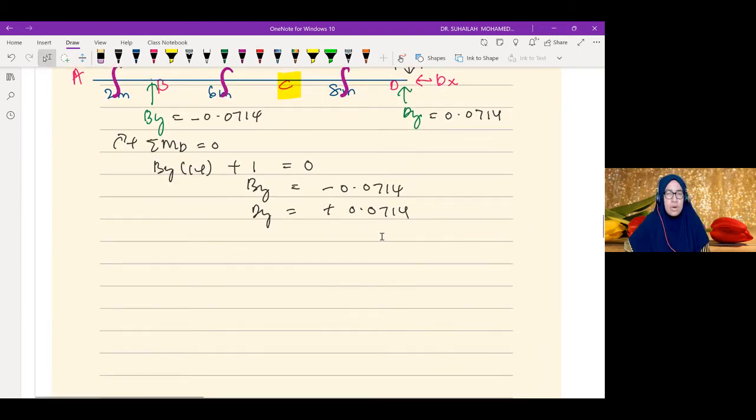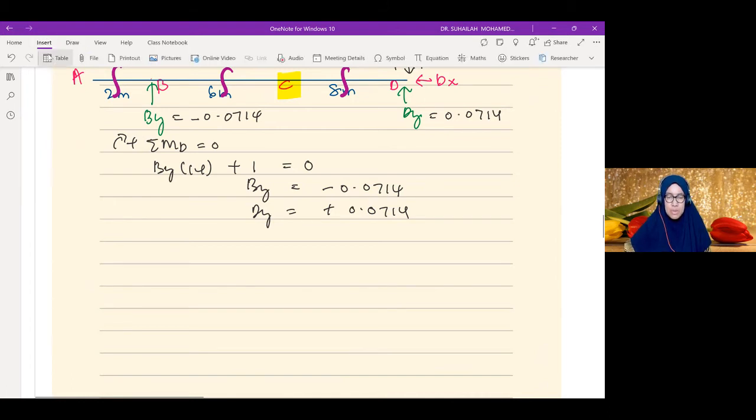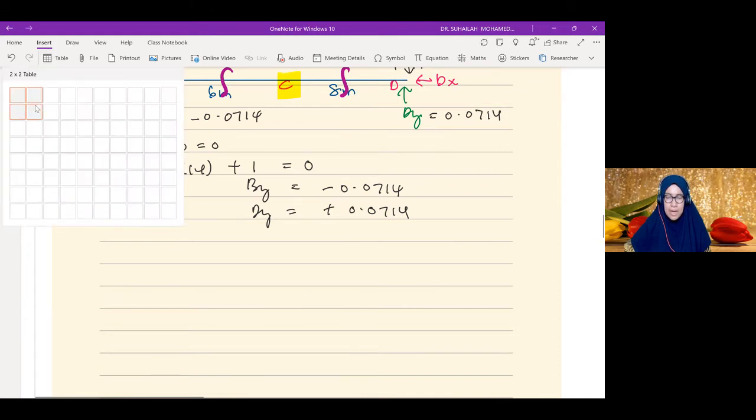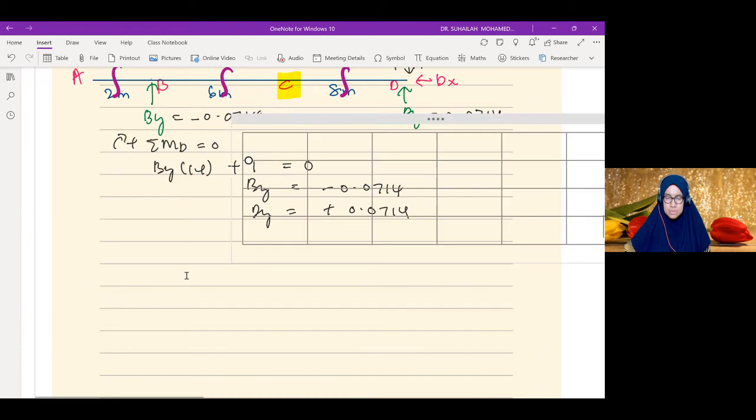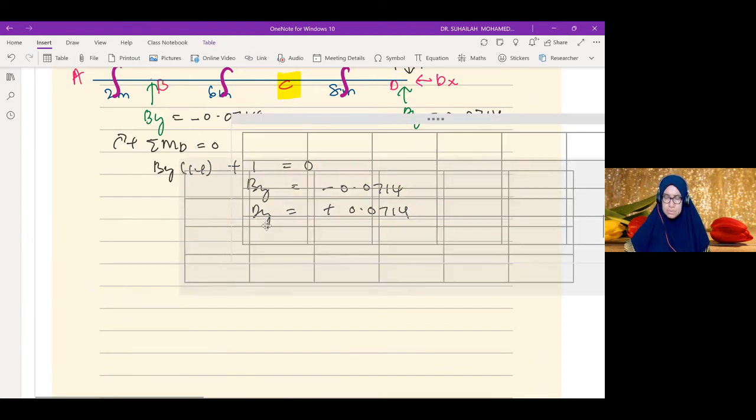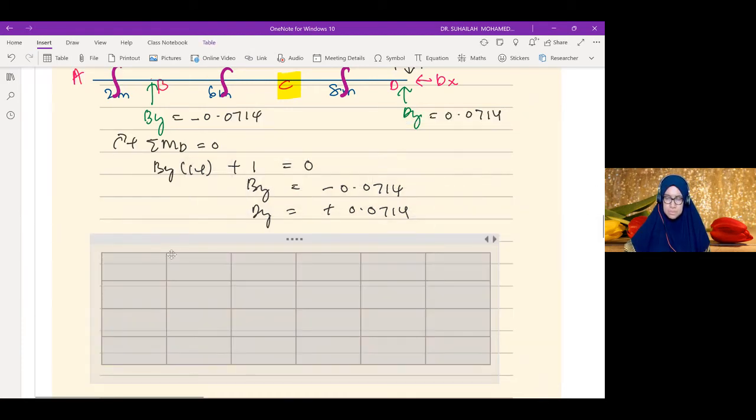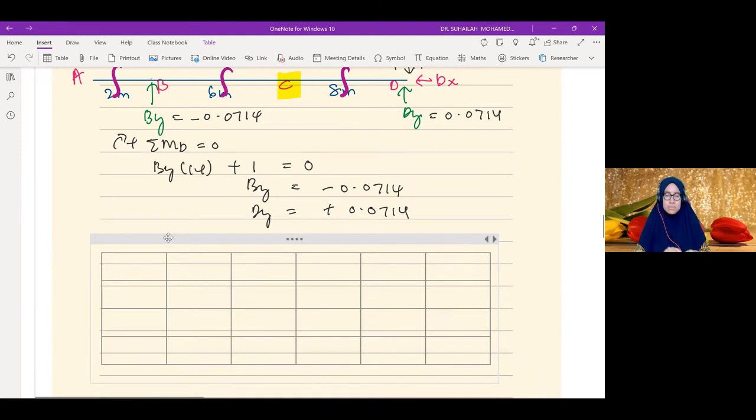Okay, with all this we have to write the moment equations, and I will straight away write them in the table. We have 3 cutting sections, so 6 rows.